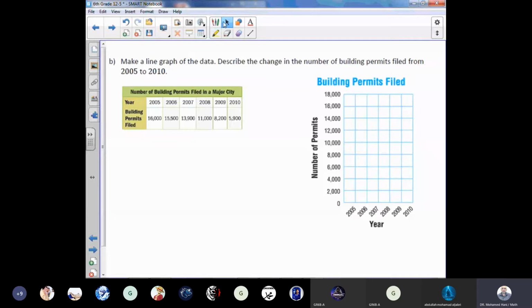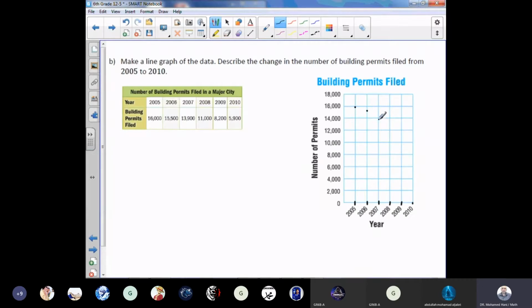Letter B, make a line graph of the data, describe the change in the number of building permits filed from 2005 to 2010. So again, we're using these dashes here, these lines here. In 2005, it was 16,000. In 2006, it was 15,500.